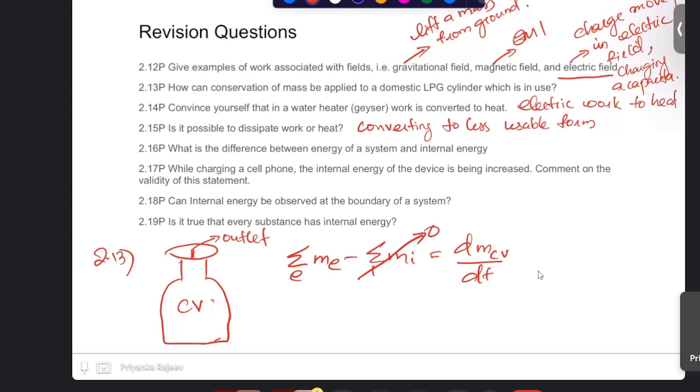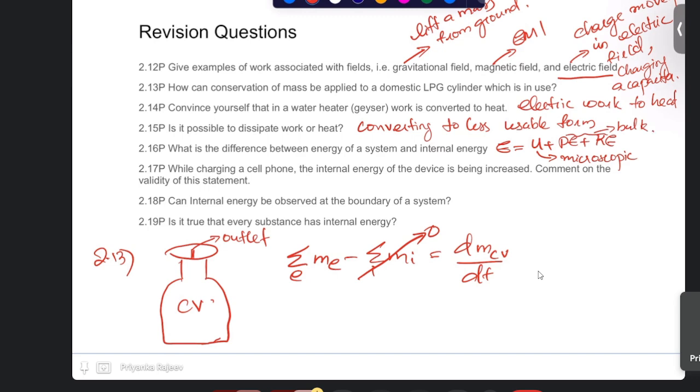Okay. Now another thing is, what is the difference between energy of a system and internal energy? Energy of a system E is U plus P plus K. In that, U, internal energy, is a microscopic way of calculating energy. The other two are bulk forms of energy calculation.